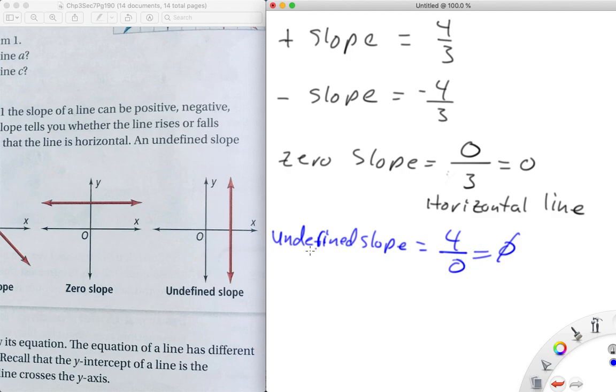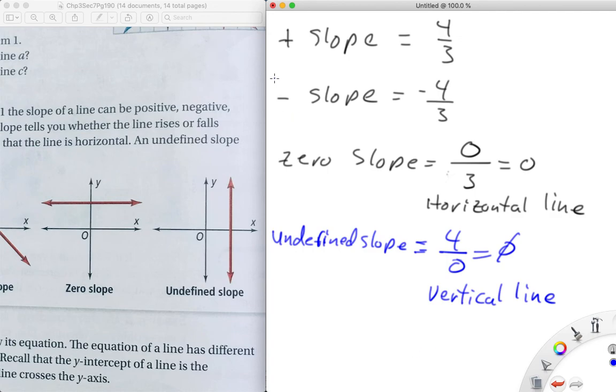That's why it's called undefined. There's no such thing as a slope with a 0 in the denominator. And when you have an undefined slope, you get a vertical line.